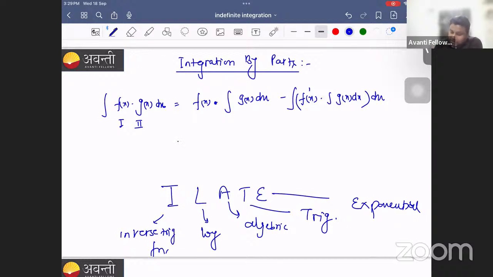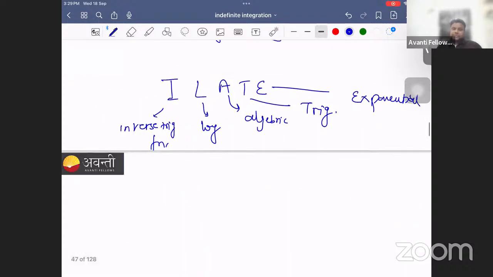I remember it like first function into integration of second minus integration derivative of first into integration of second and whole integration. So if you try to remember it like this, it will be easy to remember. Got it?